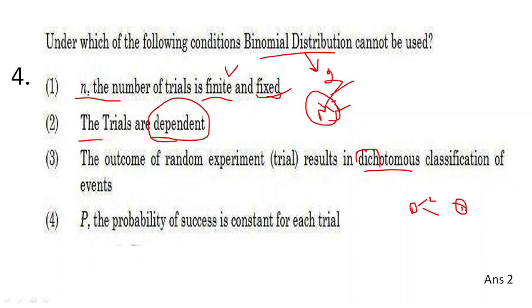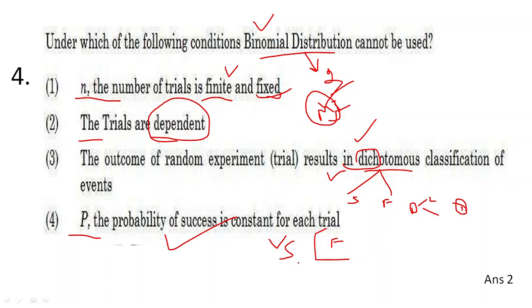Dichotomous is basically two types of events, it can be success or failure, so there will be two results. And P, the probability of success, is constant for each trial. Yes, for every trial there are two results, the probability of success is constant for each trial, and the probability of failure is constant for each trial, right?